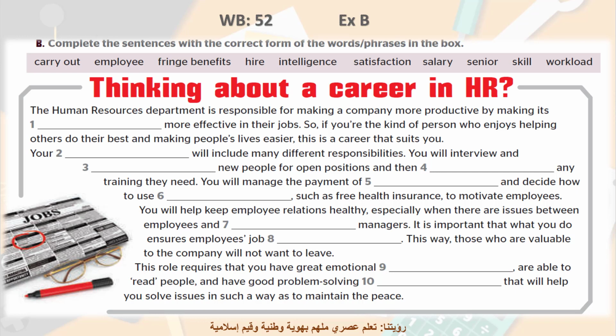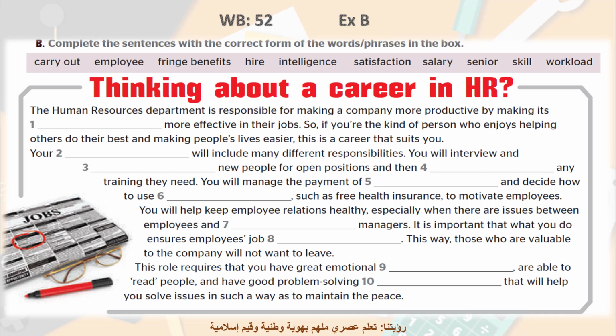Okay? What is intelligence? Intelligence is the ability to think well, to solve problems, and so on. Satisfaction. Satisfaction is a feeling that you feel that you accept something. Okay? What about salary? Of course, all of us know this word. Salary means the money you are paid at the end of each month.